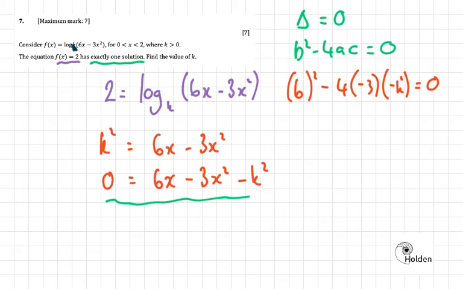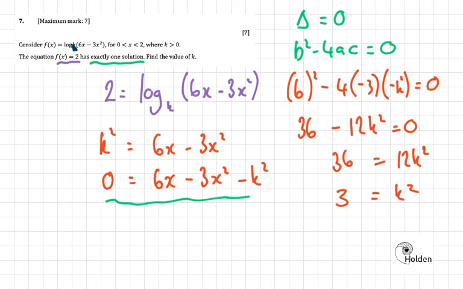So we've got 36 minus 12k squared is equal to 0. So 36 is equal to 12k squared. 36 divided by 12 is 3, is equal to k squared. And that must mean that the square root of 3 must equal k.